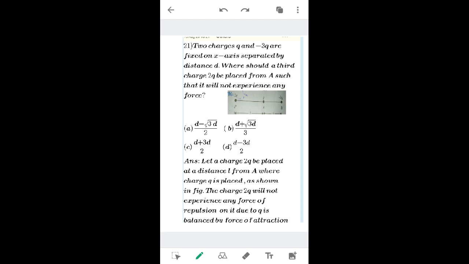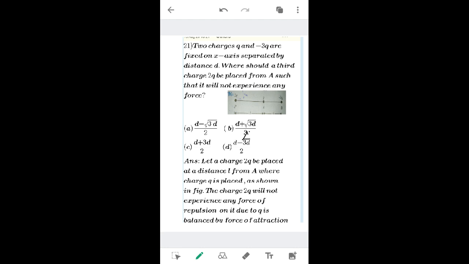Okay, so the options are: A, d minus root 3d by 2; option B, d plus root 3d by 2; C is d plus 3d by 2; and option D is d minus 3d by 2.